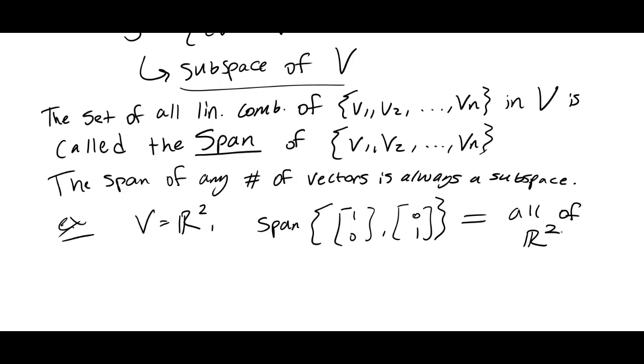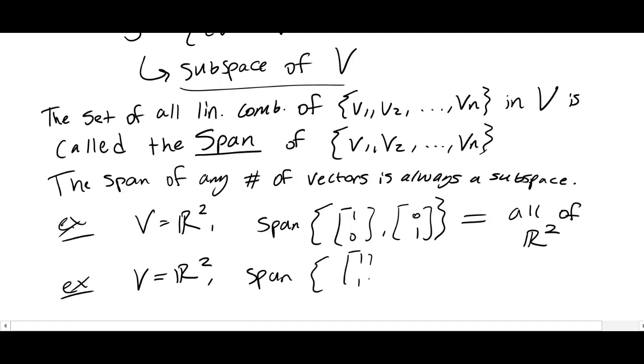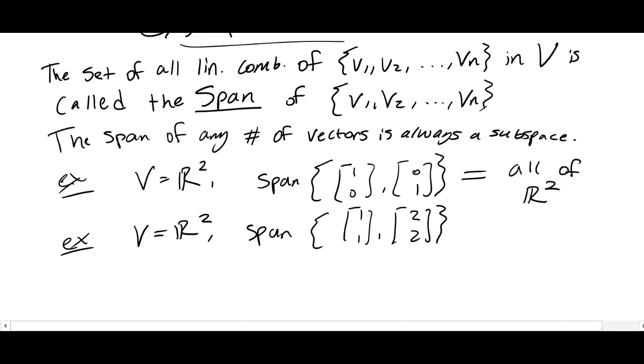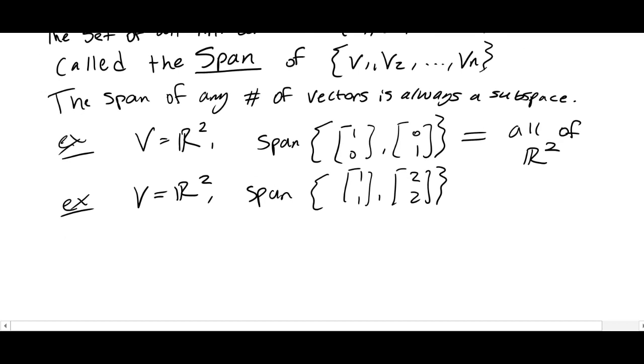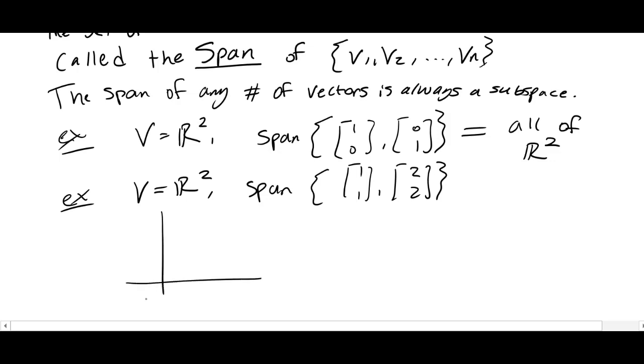Or if you just take the span of (1, 1) and (2, 2). These are linear combinations of each other. So that's (1, 1), but (2, 2) is just the same vector, just slightly longer.